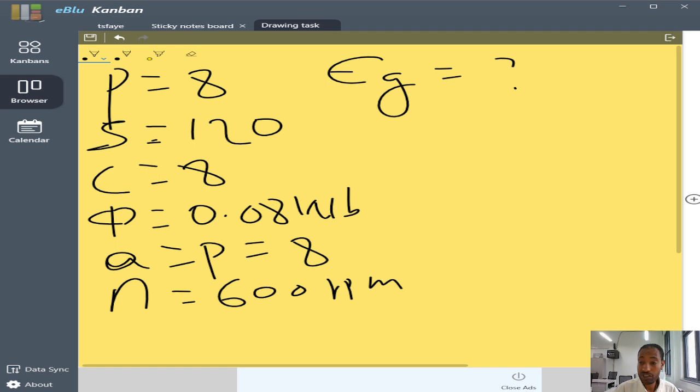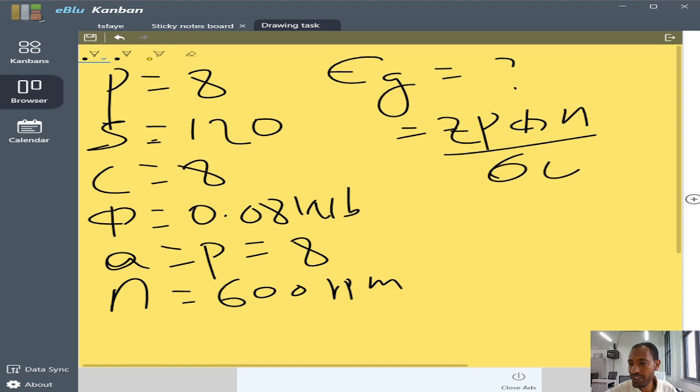So we know that the generated voltage is going to be ZP phi N by 60A. But what is Z? The total number of conductors in our DC machine. We know the slots, the place where we are putting the windings, and we know each slot has 8 conductors.